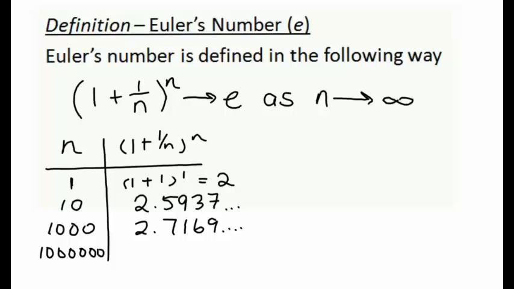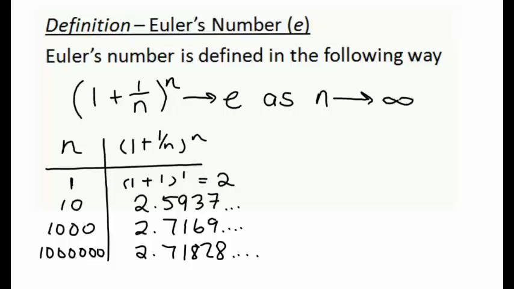If we were to substitute that into our expression, we would get roughly the number 2.71828. So you can see that as the values of n are getting larger and larger, the right-hand side is actually tending towards roughly 2.71. And that is about what Euler's number is.